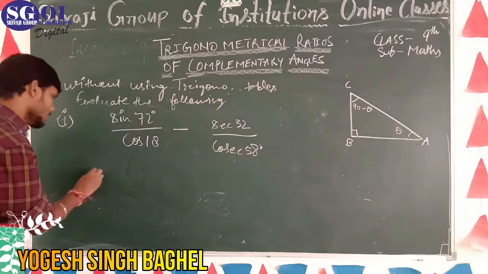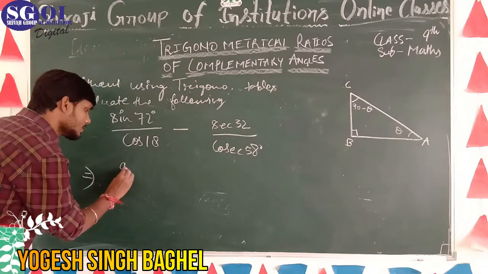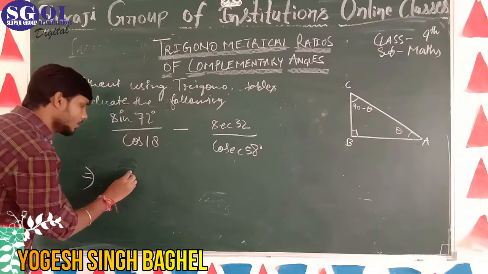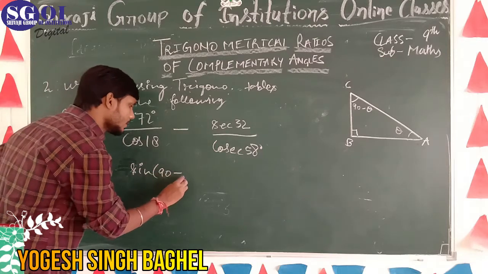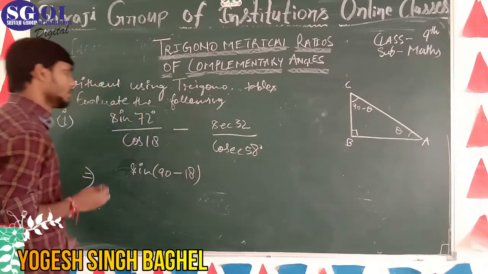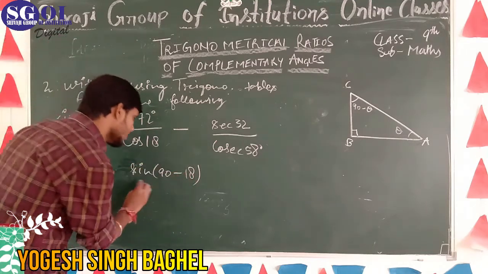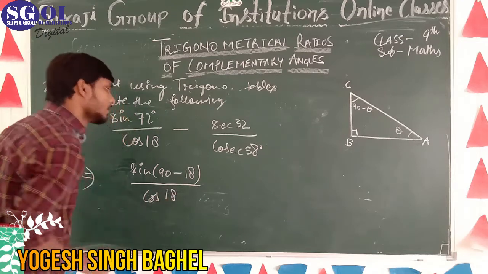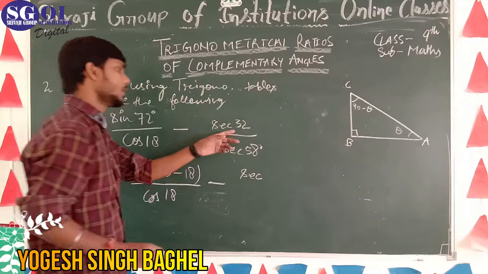Okay, students. As we know, in place of sin 72 degree, we can write sin 90 minus 18 upon cos 18, minus sec 32 degree.